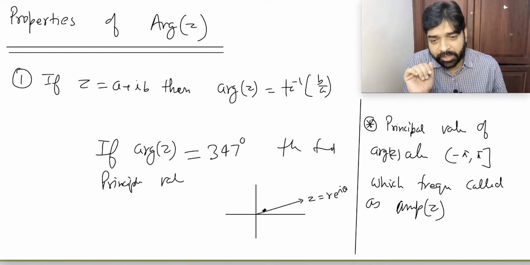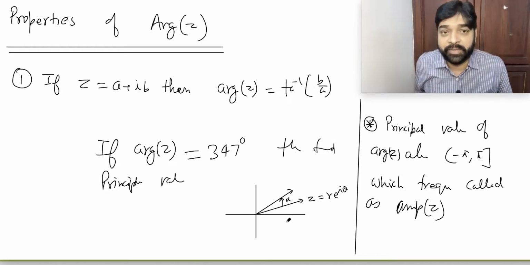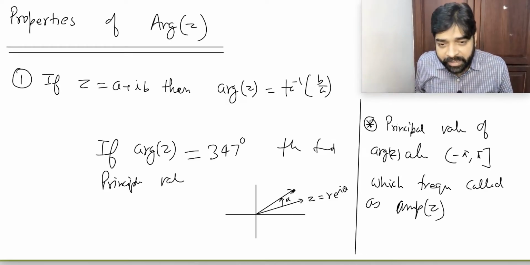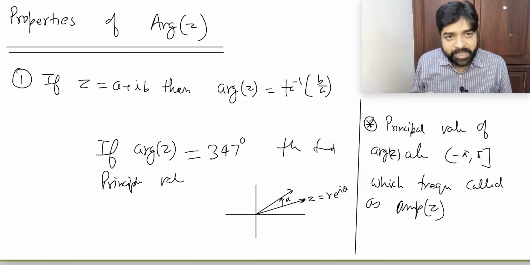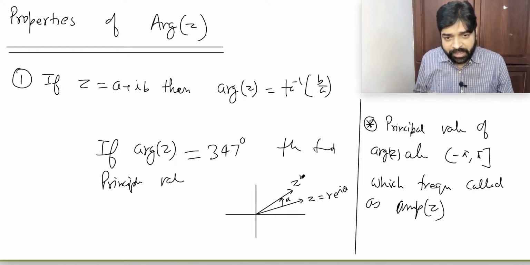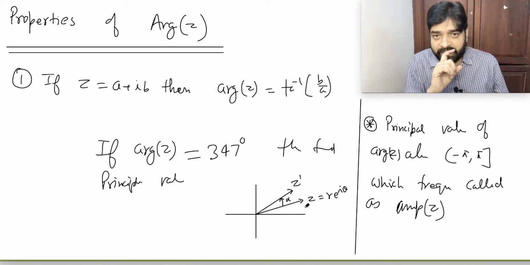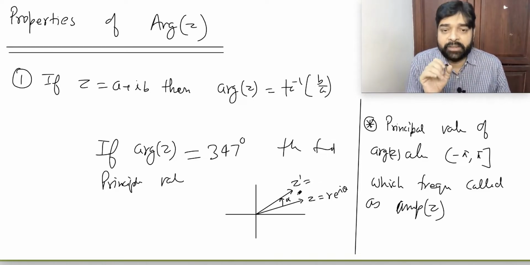If I rotate this complex number and bring it here, by an angle alpha in the anti-clockwise direction, is this complex number the same z or something else? It will be something else because you changed the direction. Suppose this is z dash. What will z dash be?